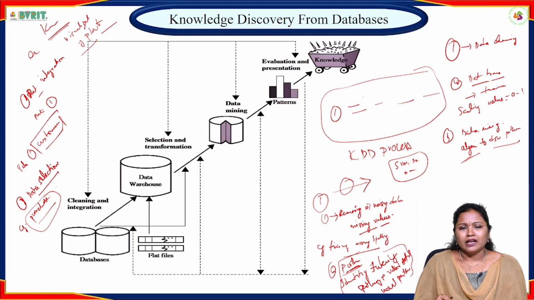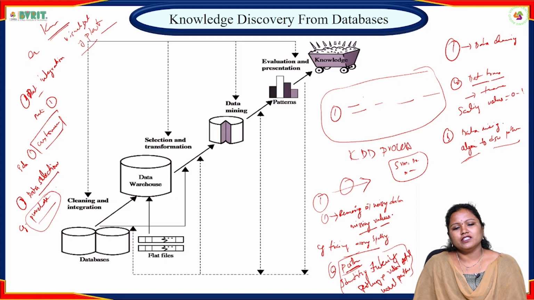Whatever data has been mined, we need to represent in a different way. With the help of visualization, like creating graphs, plots, all this, we represent the data, or we generate reports or dashboards, etc. So this is the process of knowledge discovery in databases.